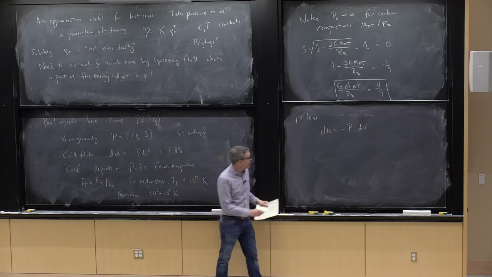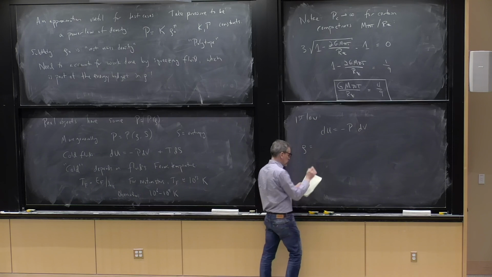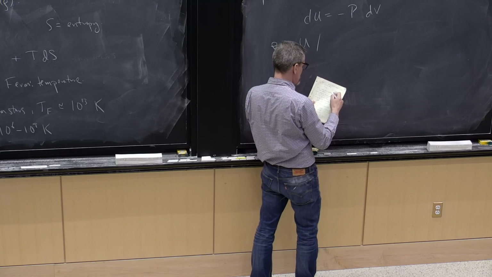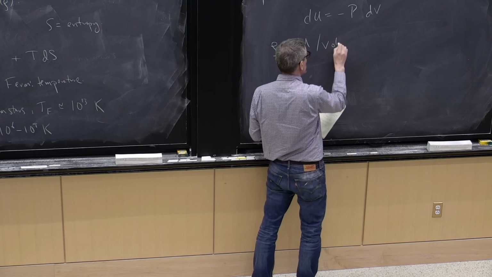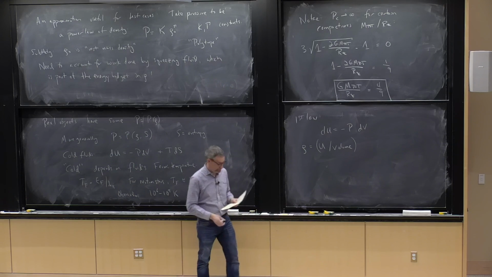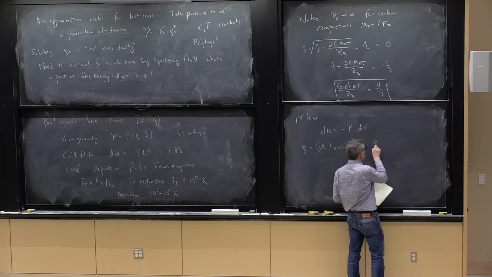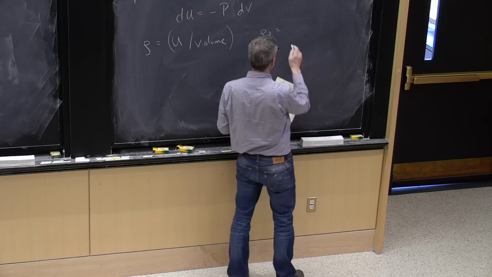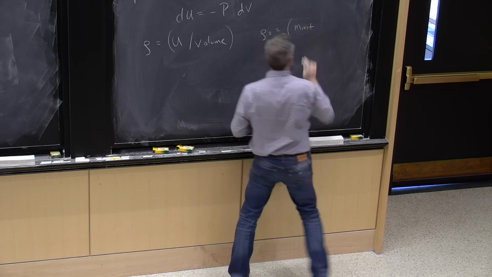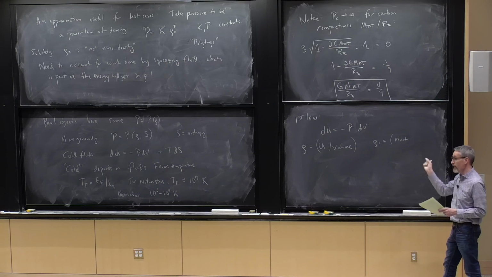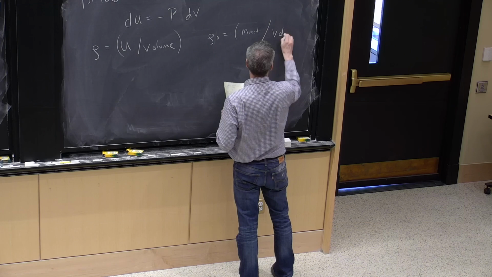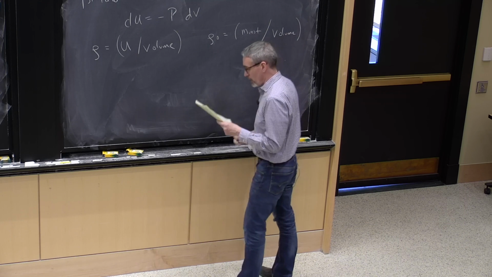So rho is equal to the amount of energy in a fiducial volume. My rest energy, my rest density is the rest energy of every little body that goes into this per unit volume.